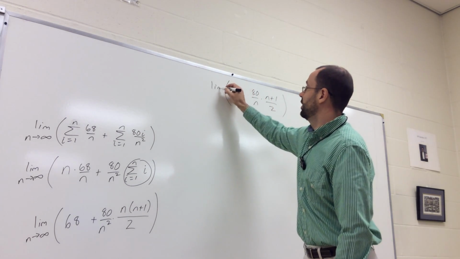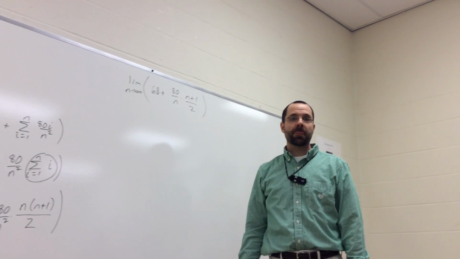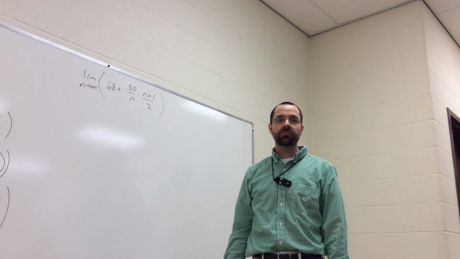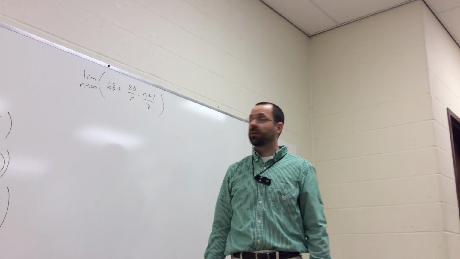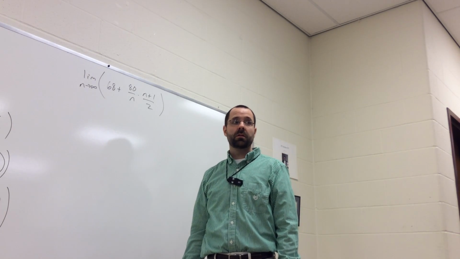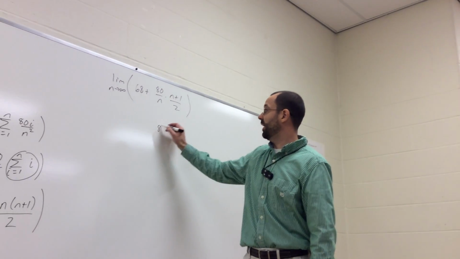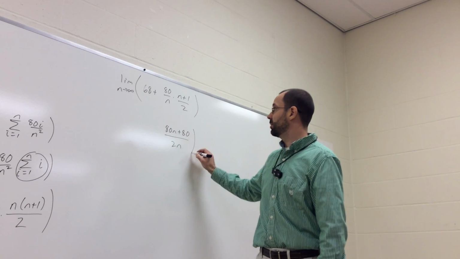We're taking the limit as n goes to infinity of that. Okay, now I'm going to distribute the 80. So that's 80n plus 80 over 2n.